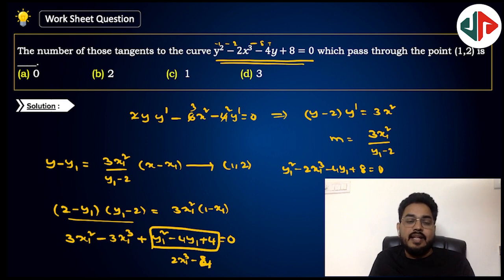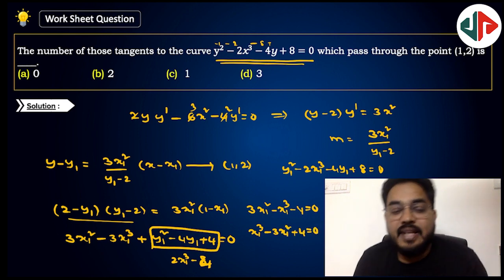So 3x1 square minus x1 cube minus 4 is equal to 0, so x1 cube minus 3x1 square plus 4 is equal to 0.